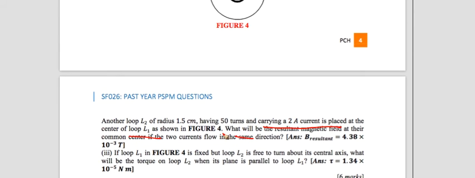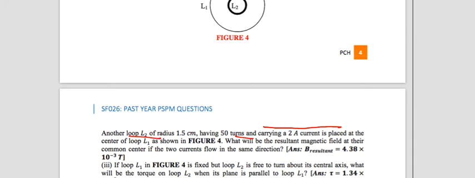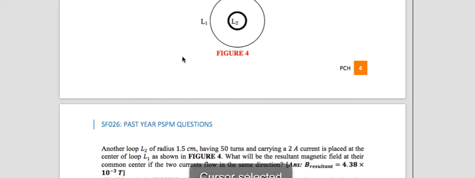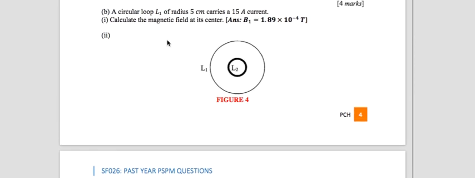So we focus on the diagram here, right? For loop 1, from the answer to number 1, B1 at the center is 1.89 times 10 to the power of minus 4. Now we have another loop, L2.